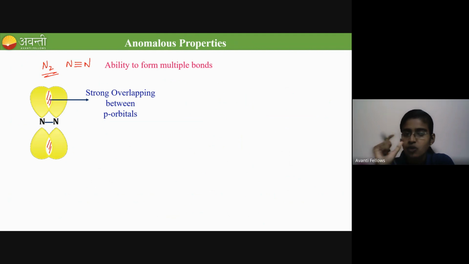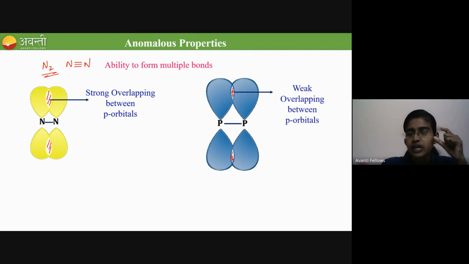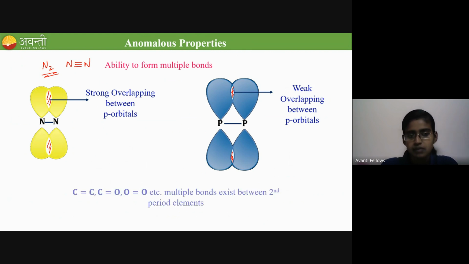Because of the very small size, they can come in contact with each other and form strong overlapping. But for third period elements like phosphorus, the overlapping region is very, very less, right? Because of the big size of the orbital, the overlapping area is very small. So the overlapping is very weak between the p orbitals. Second period elements, not only nitrogen, carbon will form multiple bonds with another carbon, and oxygen with oxygen.